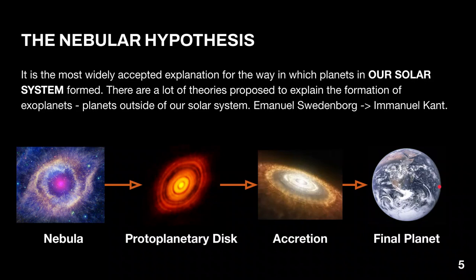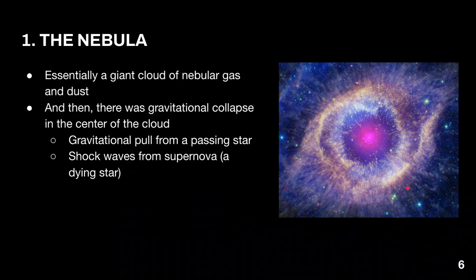Let's delve deeper into each of these steps, beginning with a nebula. A nebula is essentially a giant cloud of nebular gas and dust. And what's important in this nebula is that after the presence of a nebula, there was gravitational collapse in the center of the cloud.